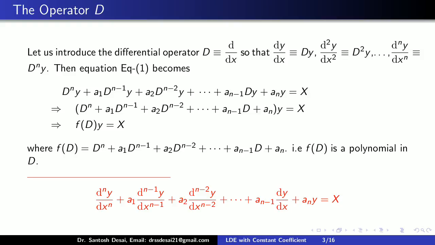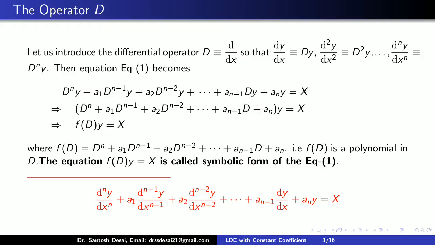And this f(D) is a polynomial in D, and the equation f(D) y is equal to X is called symbolic form of equation 1, that is symbolic form of linear differential equation of order n.